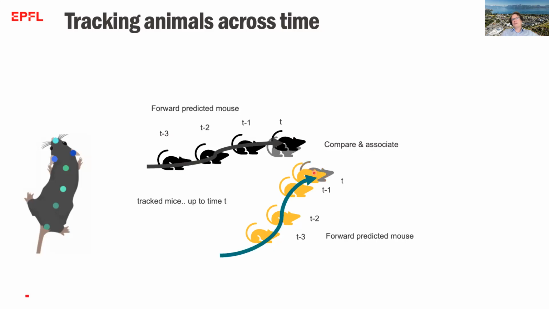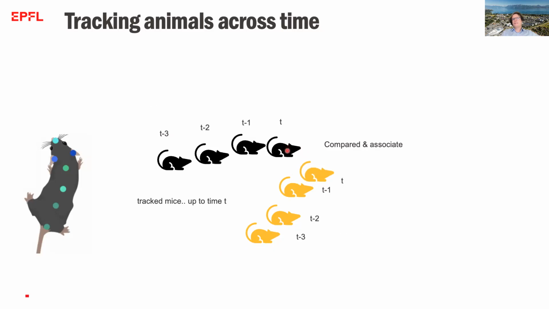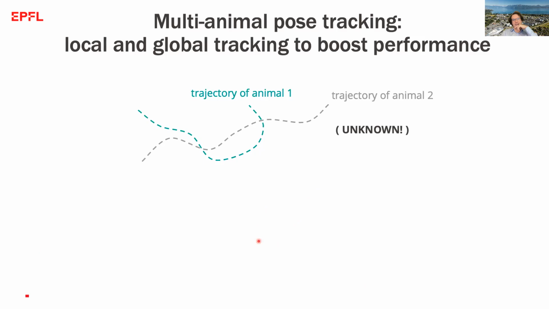So in other words, here we would say, at time t, this guy belongs to this sequence of mice, and this guy belongs to this sequence of mice. So this is a local tracking algorithm that allows you to link poses across frames and perform tracking. What this does is it creates temporally linked sequences of poses, and we call those tracklets. People in the field also call these tracklets.